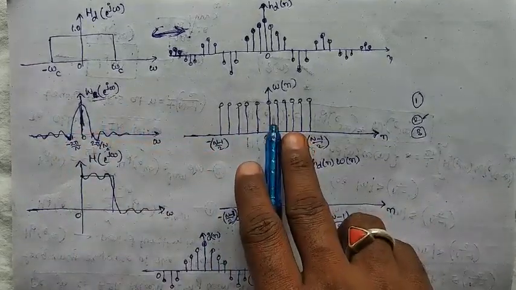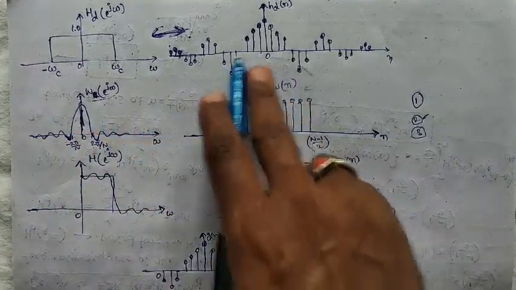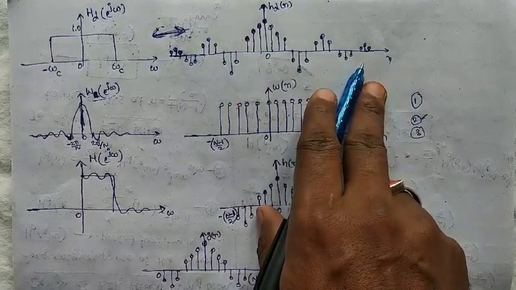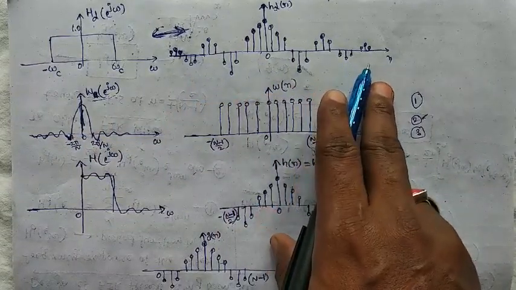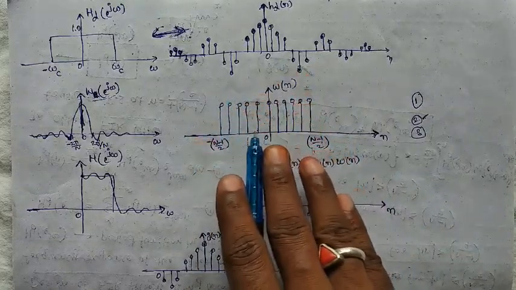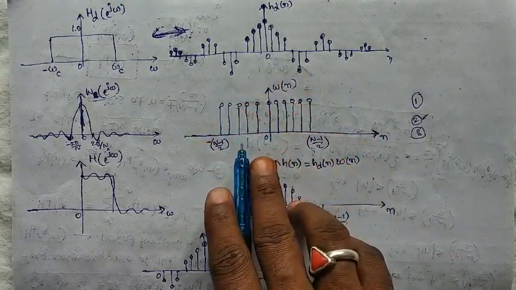The window that is chosen for truncating the infinite duration sequence should have the following characteristics.